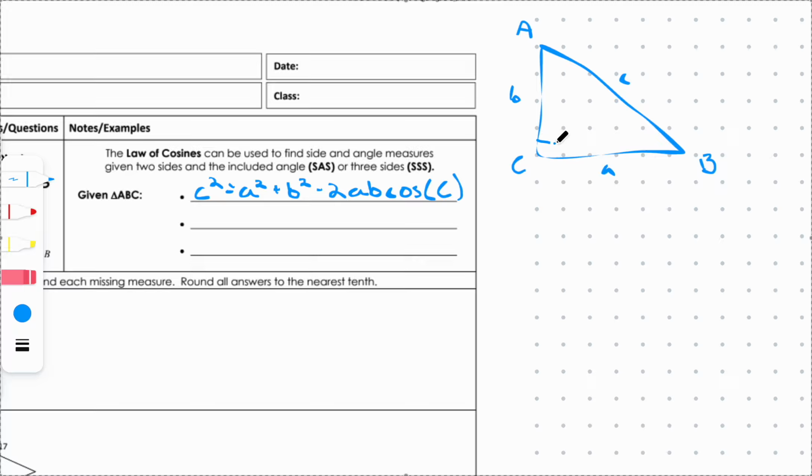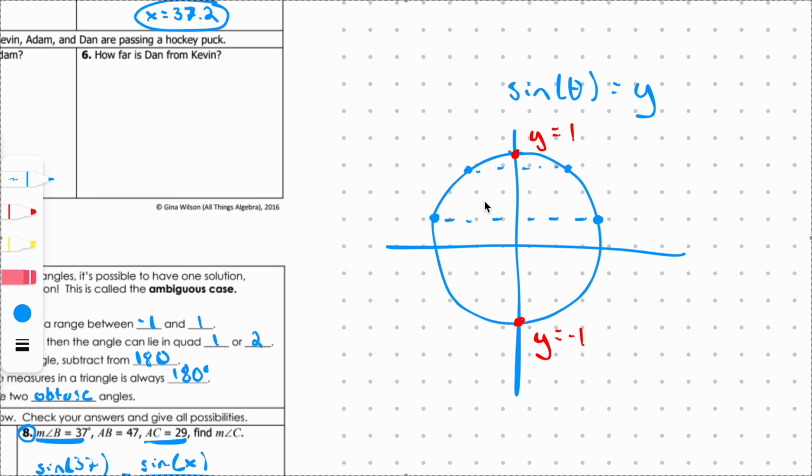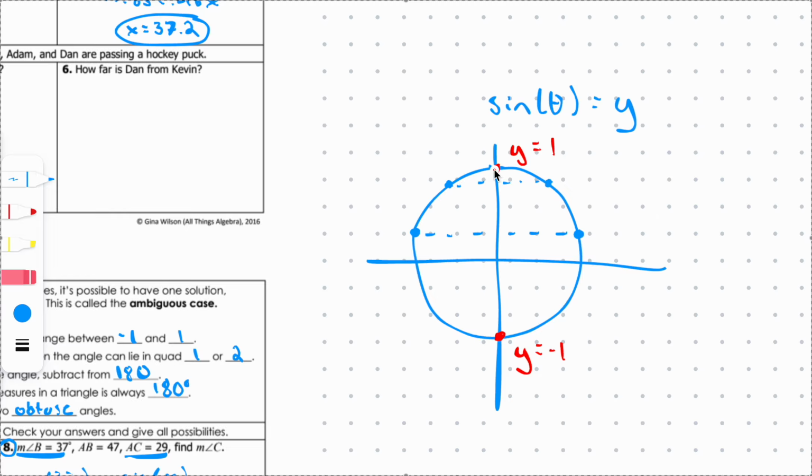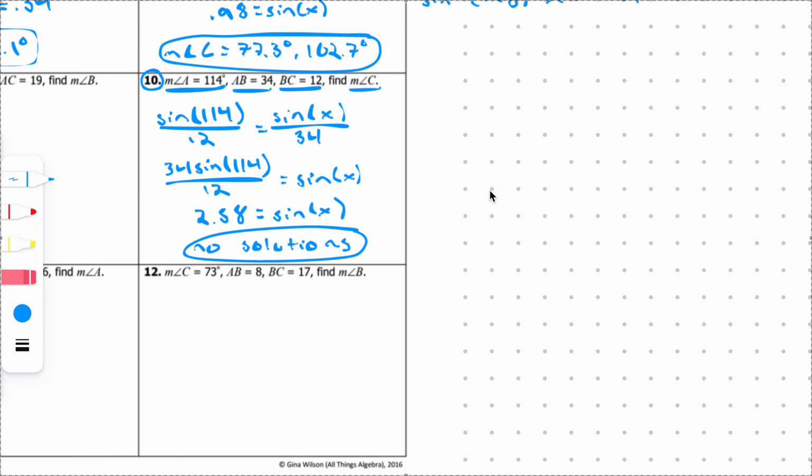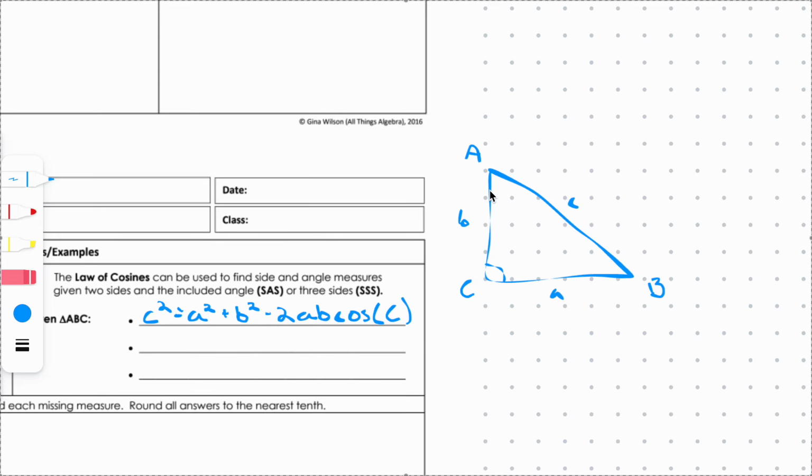In a right triangle, this angle C is 90. Think back to your unit circle. Cosine of 90, right? Let's go up here. Cosine of 90, that would bring us to this point. What's our x value since cosine is x at this point? It's 0. So that means we'd have cosine of 90, which is equal to 0.